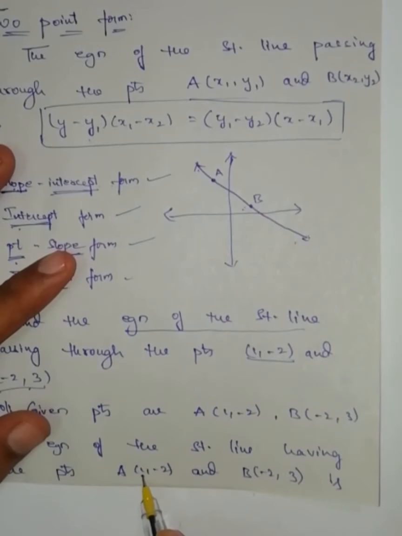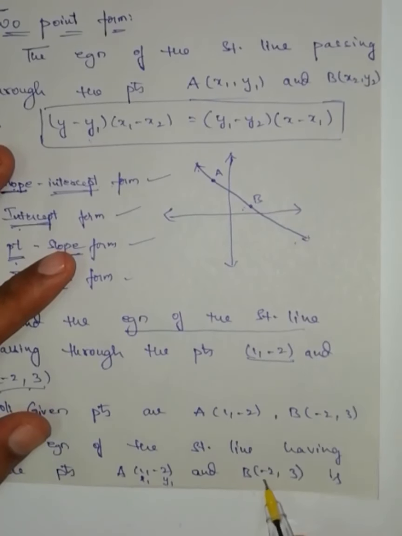Now here what is x1? This is x1 y1 x2 y2.